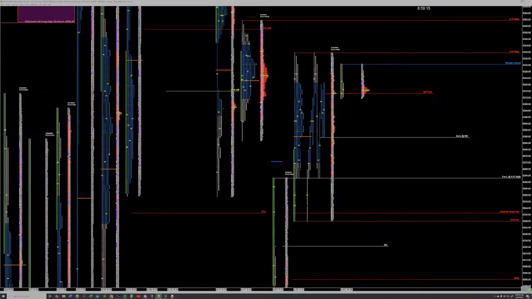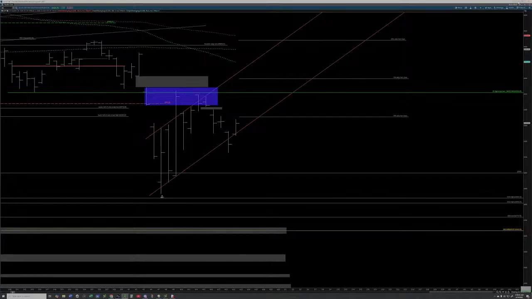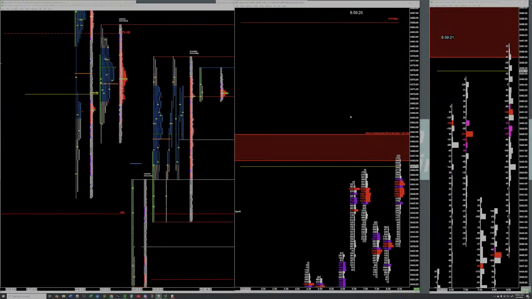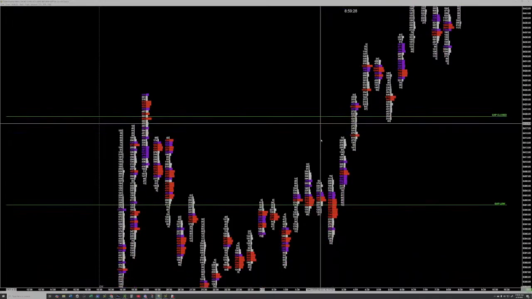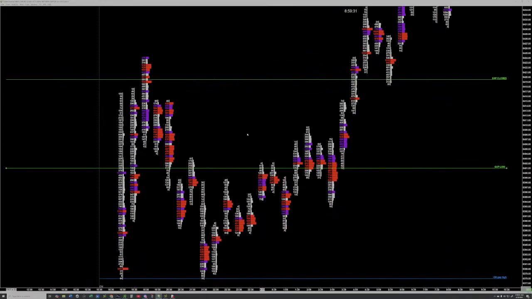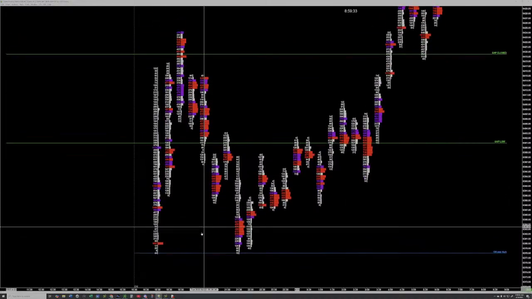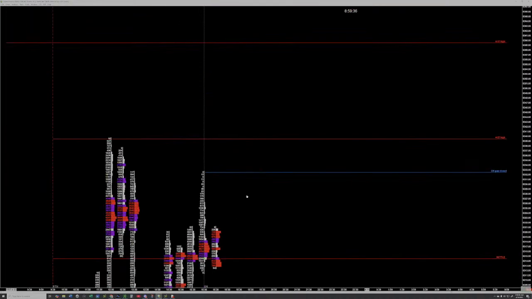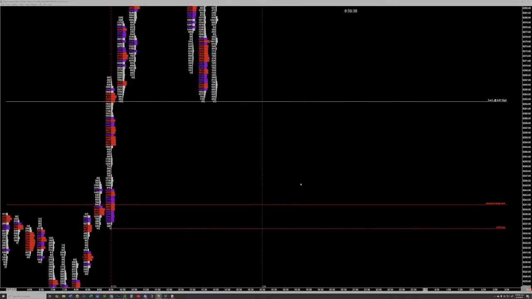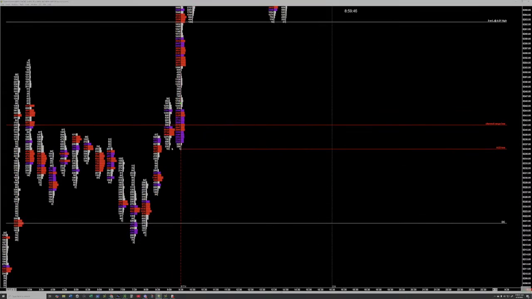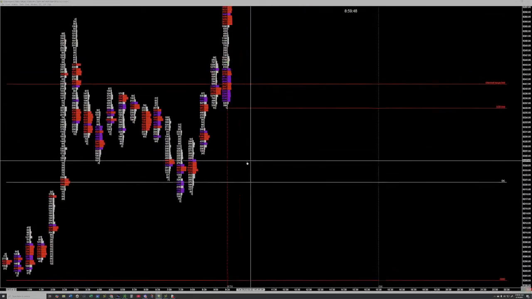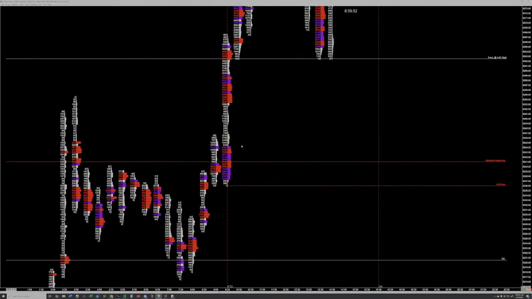Let me see if I can call up this one. This is the nice thing about Sierra, right? I can have this. What is an advantage sometimes is this. No, yeah, this is what happened yesterday, right? It had a lot of things, but the market took the previous day high and just lacked confidence.